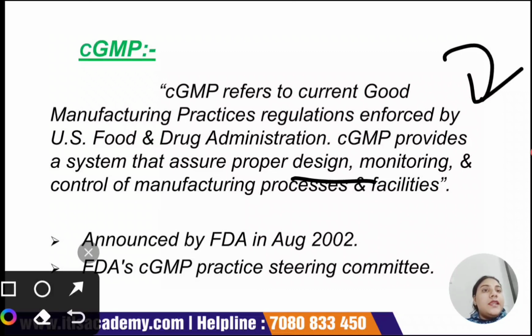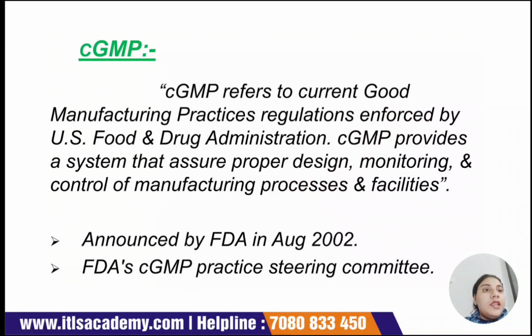What it is basically doing is ensuring the product is properly designed and properly monitored, with control of manufacturing practices and the facilities. So this is basically the work of CGMPs.